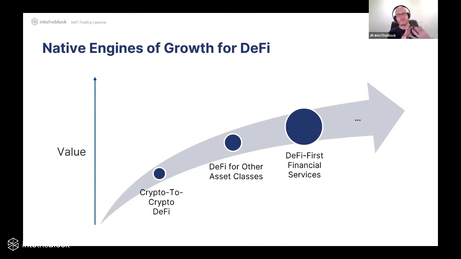Another area of growth is when you start incorporating DeFi as part of first-class financial services. We're seeing a couple of attempts in the market to use DeFi to pay real estate mortgages and things like that. I think that has incredible potential in terms of growth. So those are existential questions about DeFi.